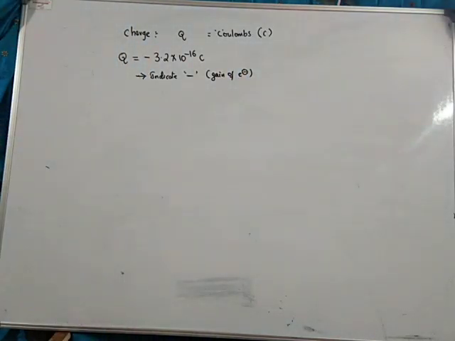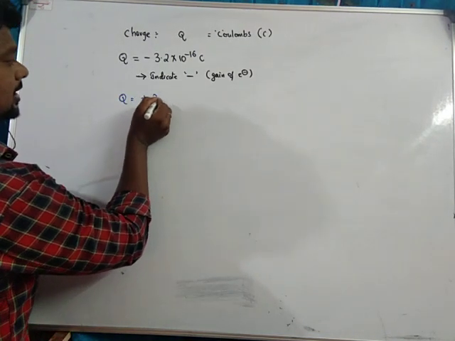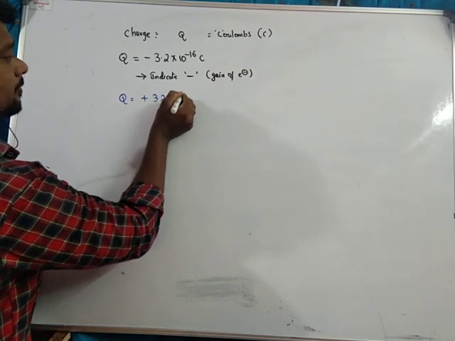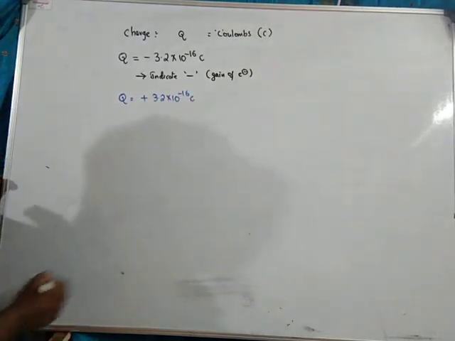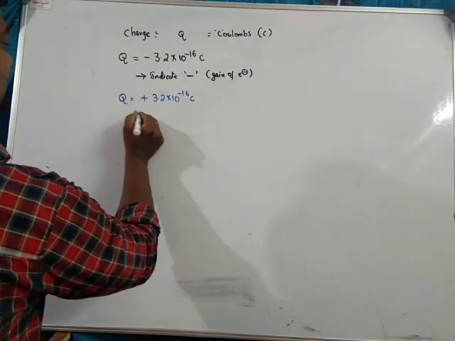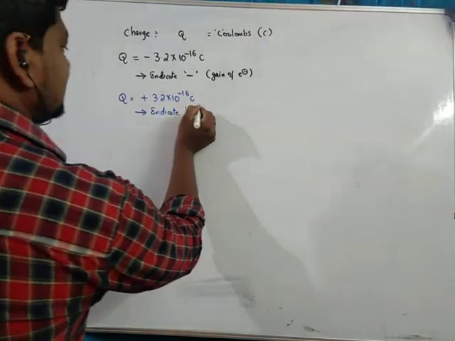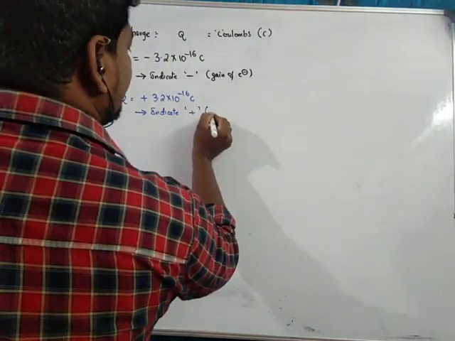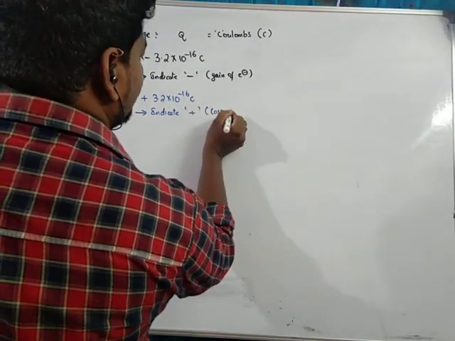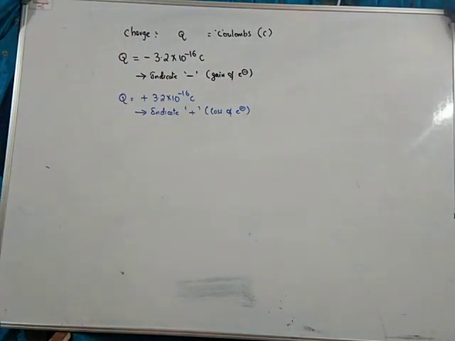Similarly, if the same Q is represented as plus 3.2 into 10 to the power of minus 16 coulombs, then that's a plus, and plus means a loss of electrons. Is that clear? The plus and minus are only signs which represent either gain of electrons or loss of electrons.